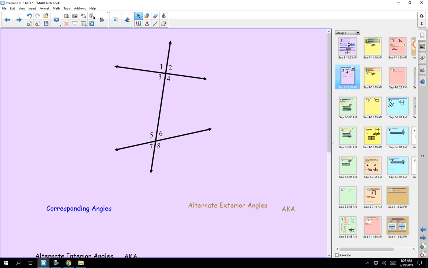They're in the same plane. They're not parallel. It's cut by a transversal. We call this right here the transversal. It goes right through both of them, this line right here and this line right here. So we call that the transversal.